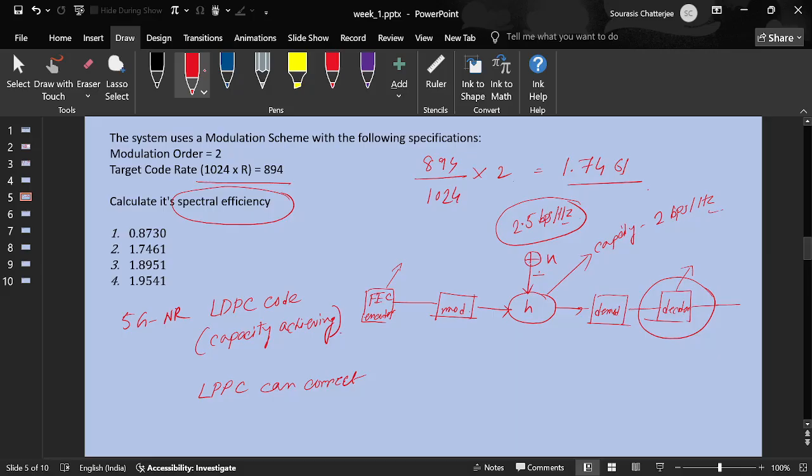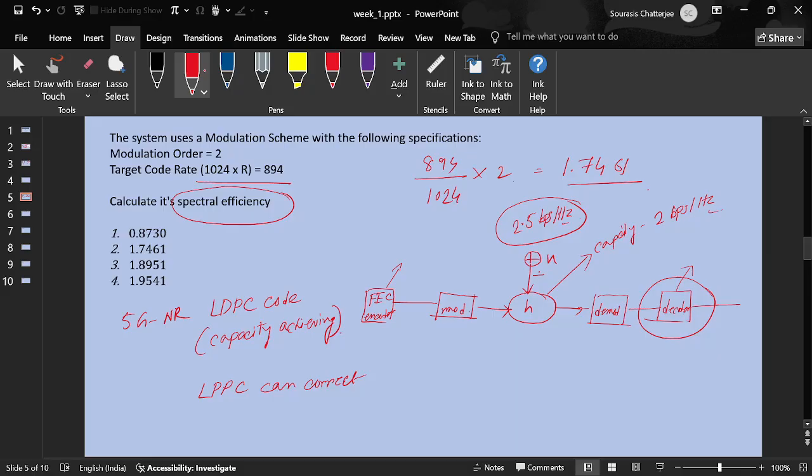For example, for 1 bps per hertz, if your capacity achieving SNR is 0 dB, LDPC achieves it at, let's say, 0.5 dB. But here we are talking about capacity, not SNR. It's 2.5 bps per hertz. And here comes the critical thing: no matter how good your error correction code is, it can only correct if you transmit below your channel capacity.